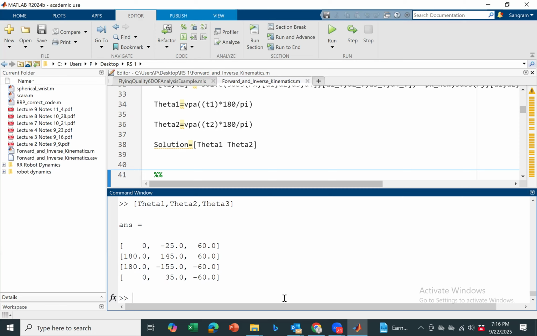And you can proceed to work on your tic-tac-toe robot lab. Everyone understood this?